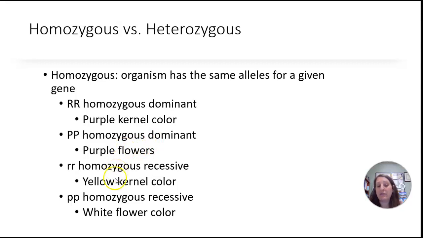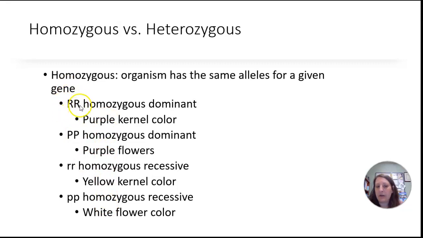Again, back to lab, if we're talking about yellow kernels on our corn cob, little r, little r would be homozygous recessive. Those kernels would be yellow. Back to Mendel's studies, white flowers would be coded for by little p, little p, homozygous recessive genotype.